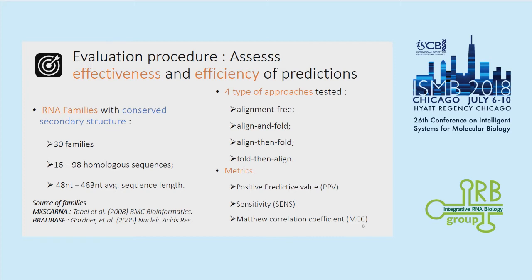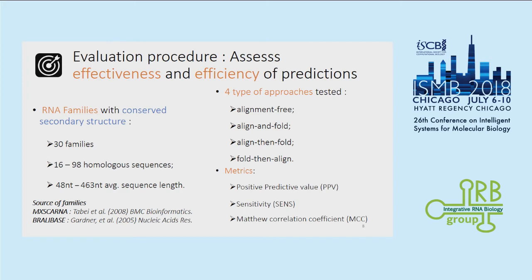And the Matthews correlation coefficient, in fact, gives us a much more overall appreciation of the prediction. Why? Because it includes the PPV, in a sense, and the sensitivity. So for the rest of the talk, I will mainly focus on the MCC here.